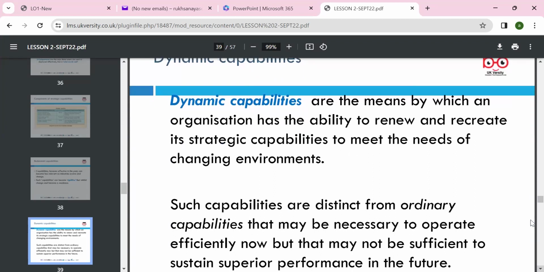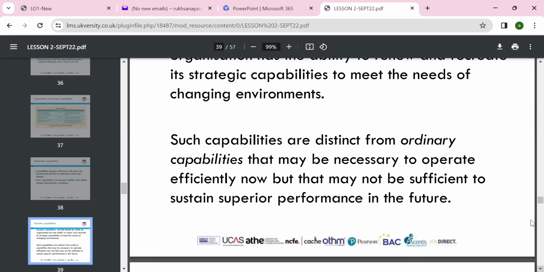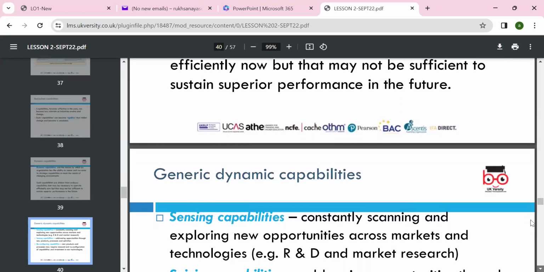Dynamic means change, which is the organization's ability to renew and recreate steady capability with new things, like think about Amazon, then Prime, then other goods, and using such capabilities that are distinct from the ordinary capability that may be necessary to operate efficiently now, but may not be sufficient to sustain superior performance.